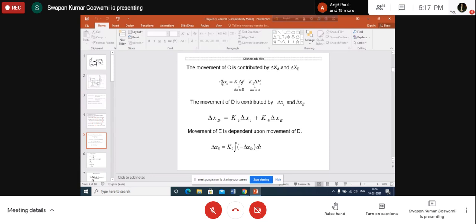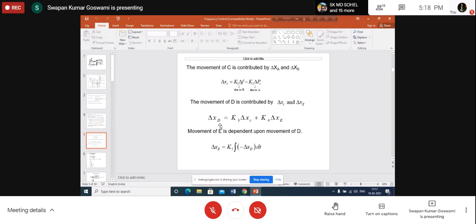Therefore, we shall be applying the Laplace transform on these three equations. We shall be taking the transform of this equation. So delta XC(s), the delta XC transform, will be equal to K1 delta F(s), generally writing capital F of s to represent the transform quantities, minus K2 delta P(s).